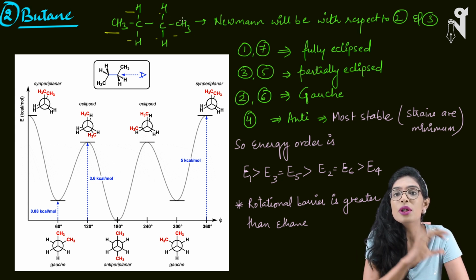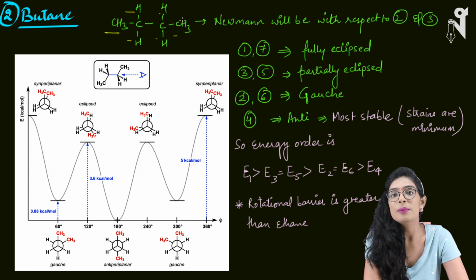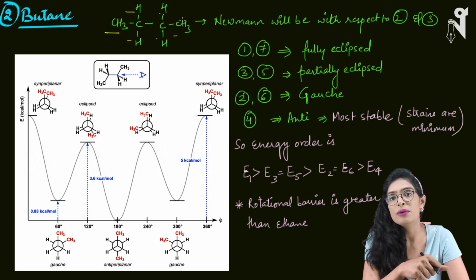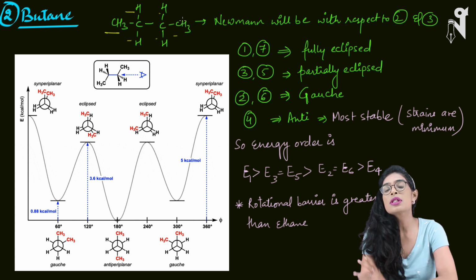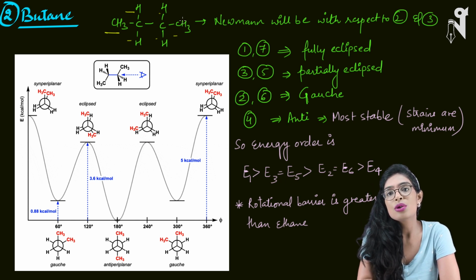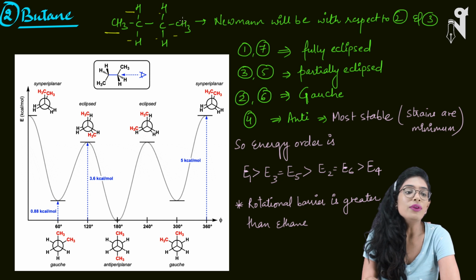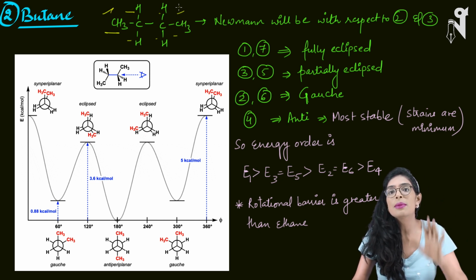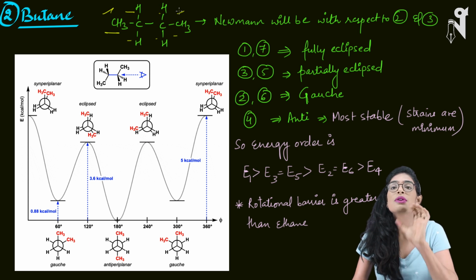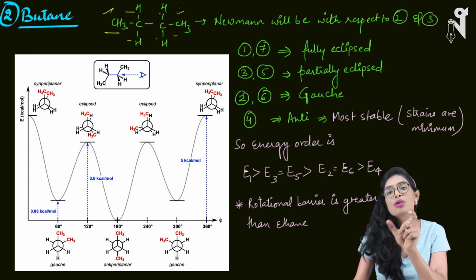And when we have to form the Newman projection of it, the general way is that for any molecule you take the two middlemost carbons and then draw the Newman projection for them. Though we could have drawn it for this carbon also or for this carbon also, ideally the Newman projection should be formed for the middlemost two carbons.